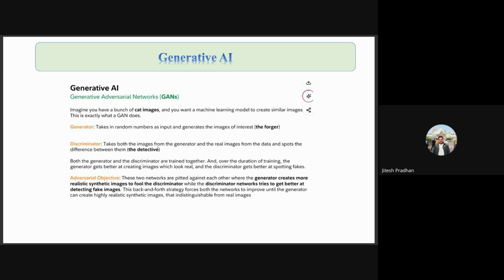This is generative AI, the GAN-based generative AI. It mostly deals with images and videos. We will discuss it later in detail.